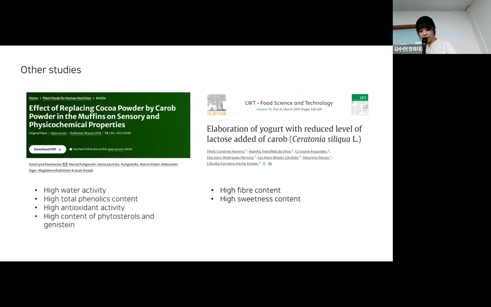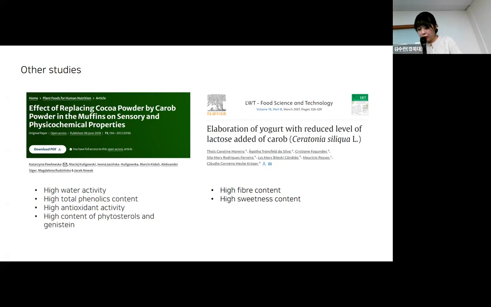These are some other two papers that I looked for to explore some topics further. The first study looked into the evaluation of muffins incorporating carob. They say the observed characteristics of this muffin include high water activity, high total phenolic content, high antioxidant activity, and high content of phytosterols and genistein. And moving on to the second study, the focus shifted to the incorporation of carob in yogurt production, aiming to assess the impact on the product's characteristics.